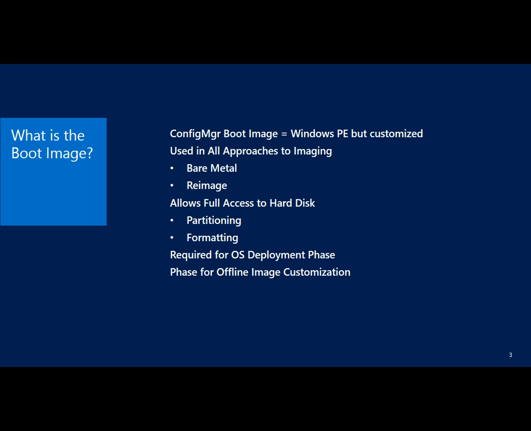It makes it available for partitioning, for formatting, for injecting different material, whatever it is, full access to the hard drive, right? Many things can happen in the phase Windows PE when the boot image is running, certainly required for the OS deployment phase. You can inject changes to the OS while you're in the Windows PE phase so that those changes are there before the system ever boots up.